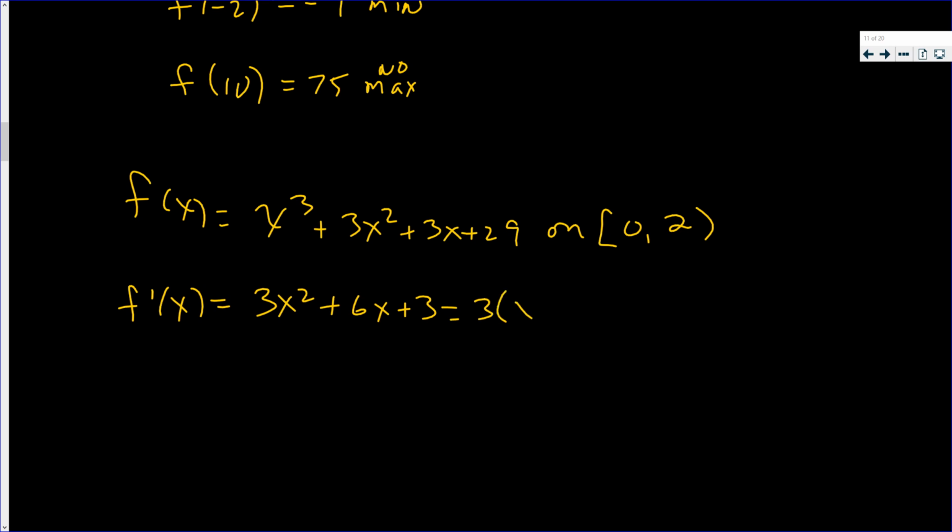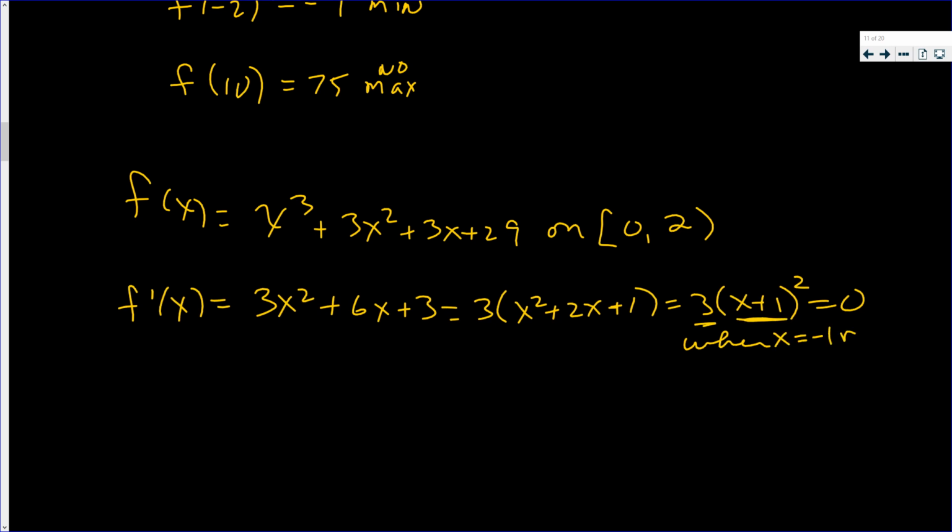Let's factor out the 3 to make it clearer how to factor it. Ooh, that's 3 times (x plus 1) squared, and this equals 0. Well, 3 is never 0, so it's going to be 0 when x is negative 1. But we reject that one because it's not in the interval.